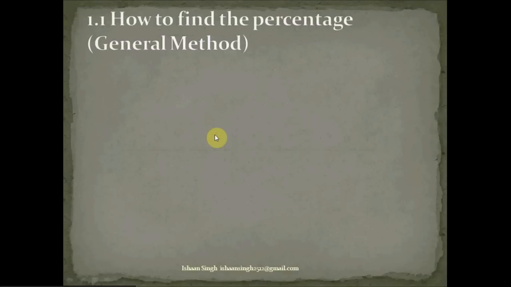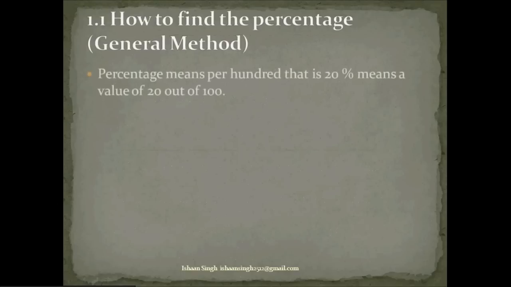So how to find the percentages? General method. So first let us look at what is percentage. Percentage by its term means per 100. Whenever we talk about anything and we tell that this is the value out of 100, we call that percentage.